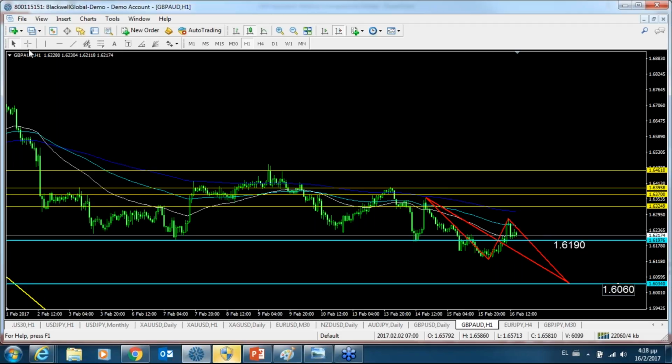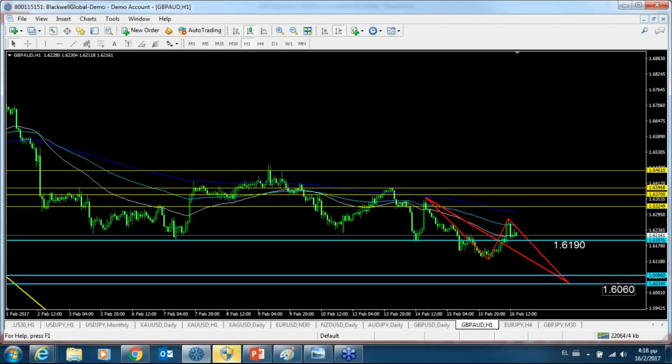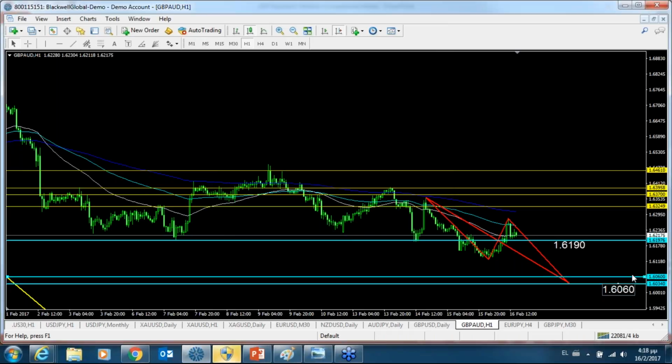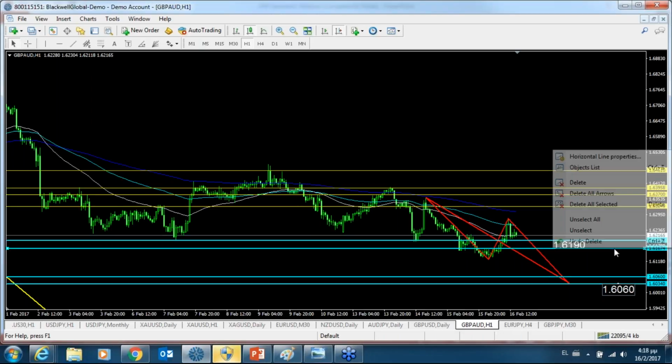Let us mark this line as well. 6060. 1.6060, yeah. Okay, so you've got that line there, ideal take profit, the top line there. Okay, then 6190, so I'll adjust the line at 6190 as well.